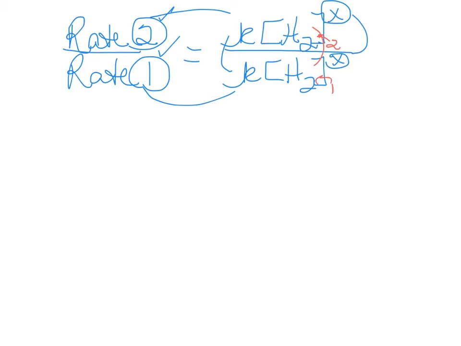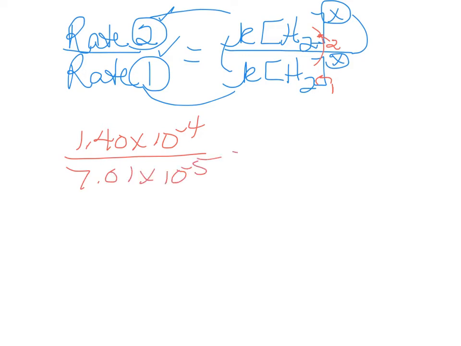Let's plug in the values. The rate for experiment 2 is 1.4 times 10 to the minus 4. The rate of experiment 1 is 7.01 times 10 to the minus 5. The k values are the same, so they're going to cancel.